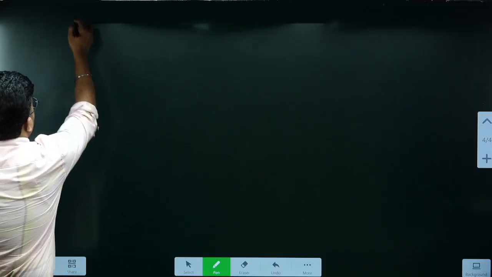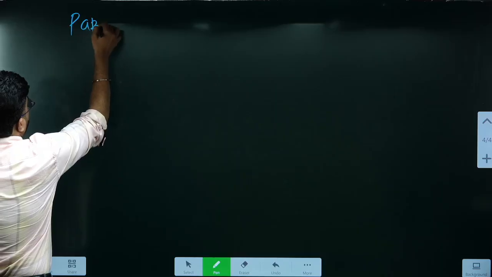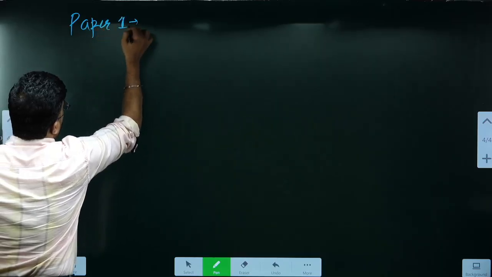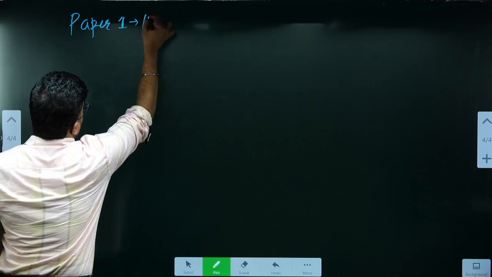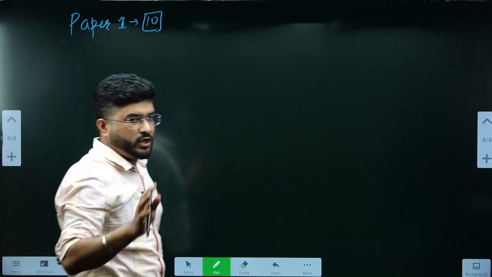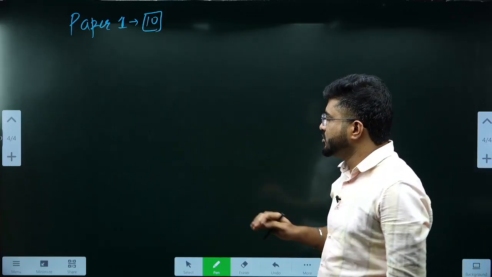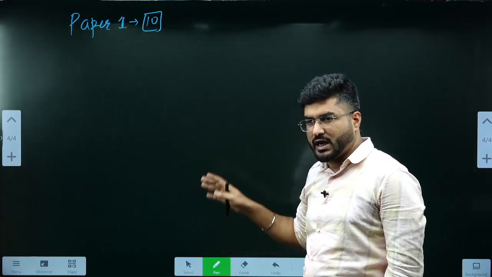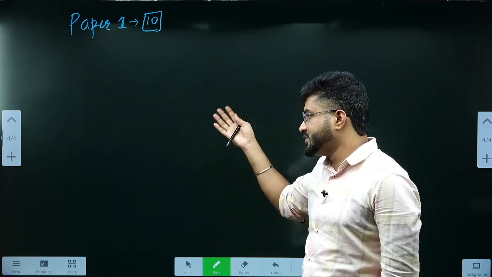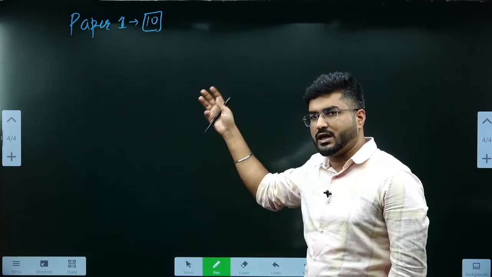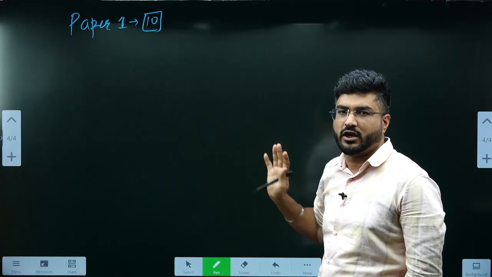Now, in Paper 1 we have 10 chapters, and in Paper 2, divided into 3 different sections, we have a total of 15 chapters. I will be listing all the chapters, and I will try to highlight how different concepts or chapters are related to each other.